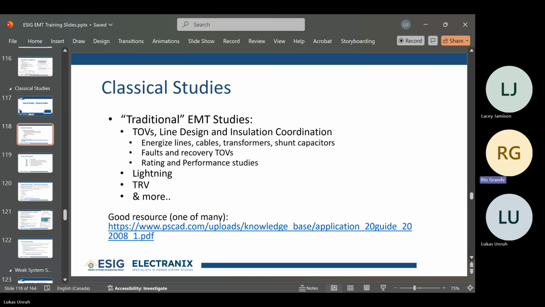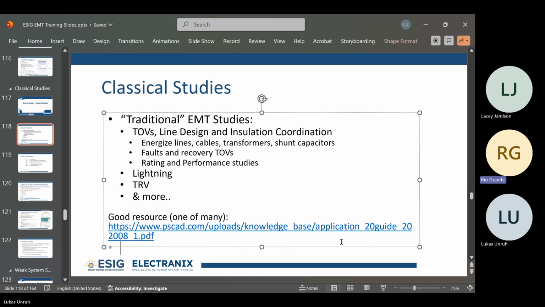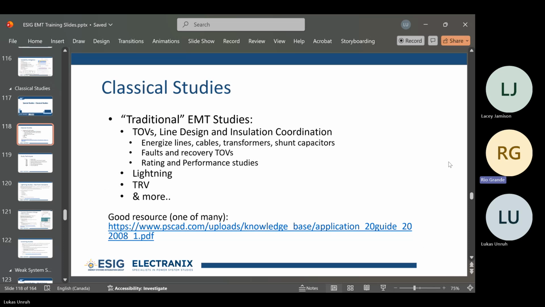There are a lot of good resources on these topics out there because we've been studying these things with EMT for many years. I don't know, 50 years or something. Maybe not 50, but many years. So there's a lot of textbook type material out there, and a lot of the EMT tools have many good resources available online. PSCAD in their knowledge base has a lot of good content.